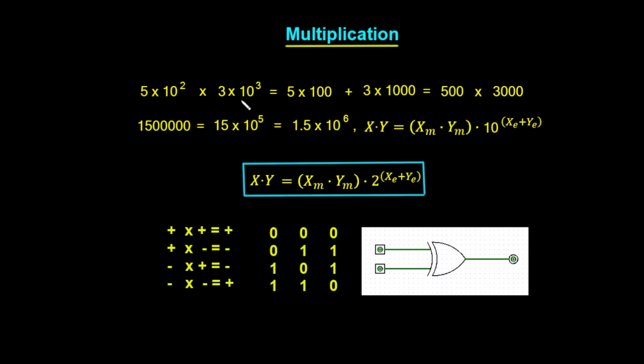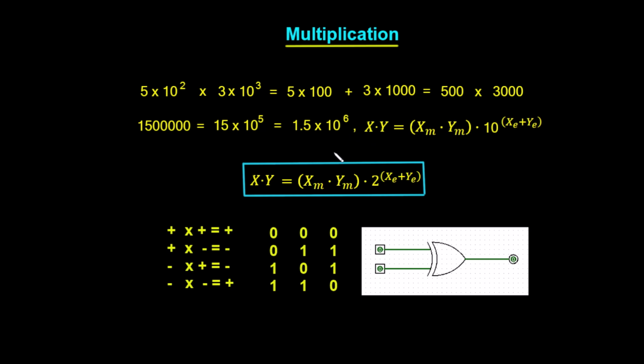And then we can rewrite this in a normalised form. By a normalised form we mean just one digit to the left of the decimal point. So the decimal point would be sitting here, and we need to have just one digit. So it has to be rewritten as 1.5 times 10 to the power of 6.